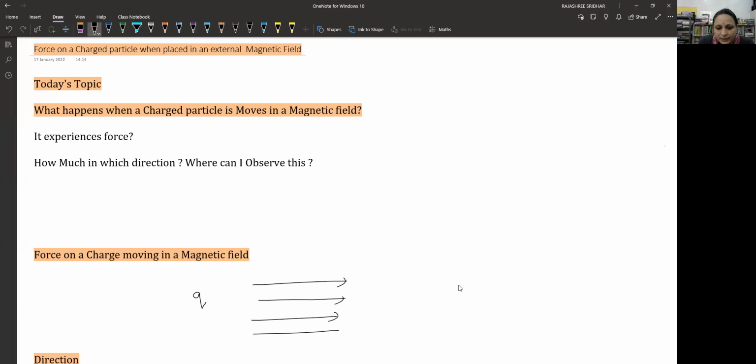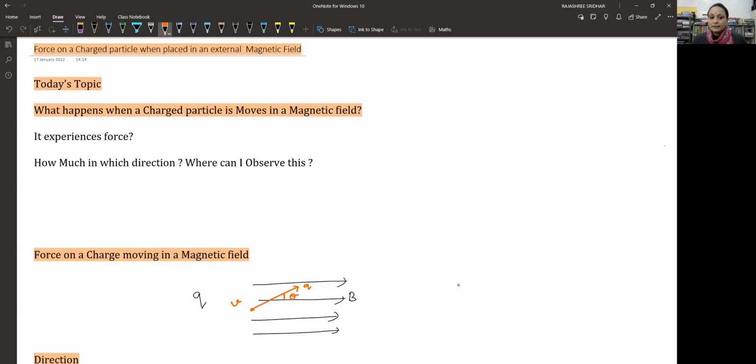I'm keeping this as a uniform magnetic field, represented as B. This charged particle has a magnitude of charge Q and a speed of V, and it is entering this magnetic field making an angle of theta with the magnetic field. Now this is going to experience a force.